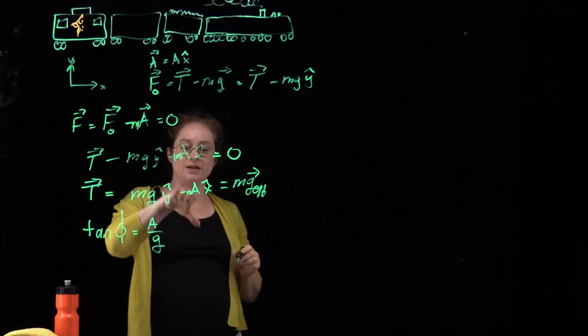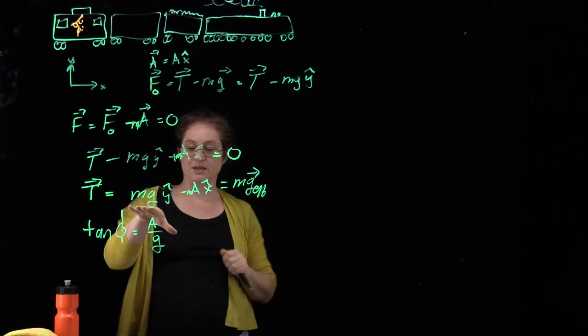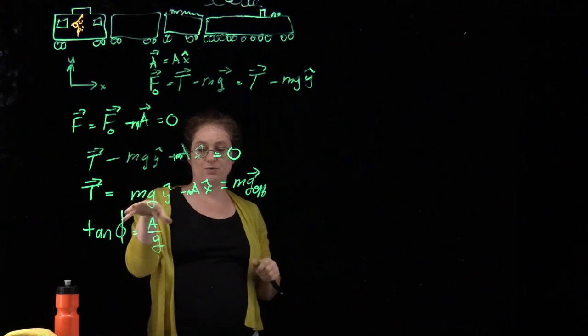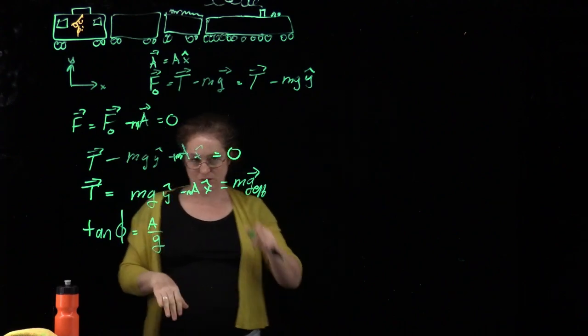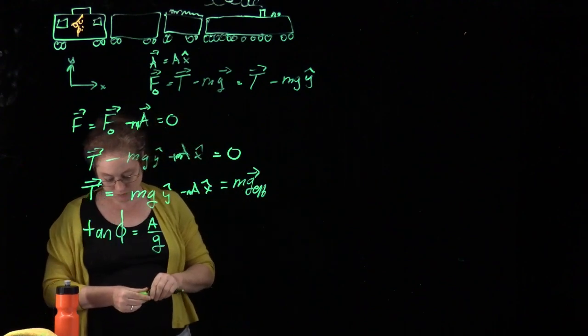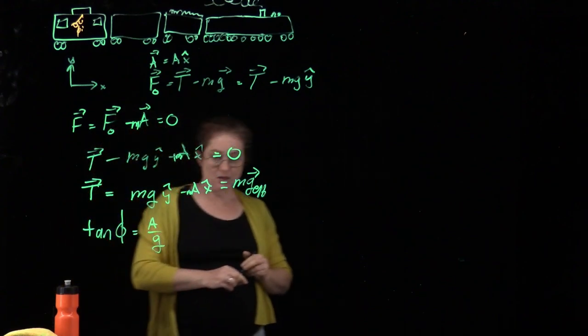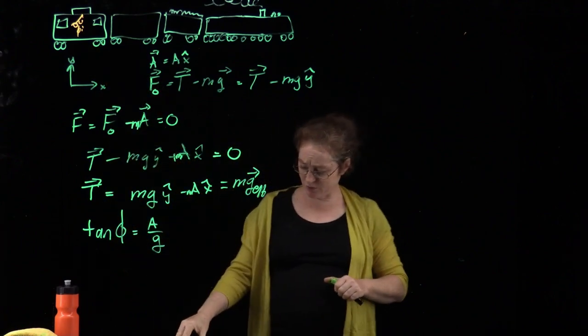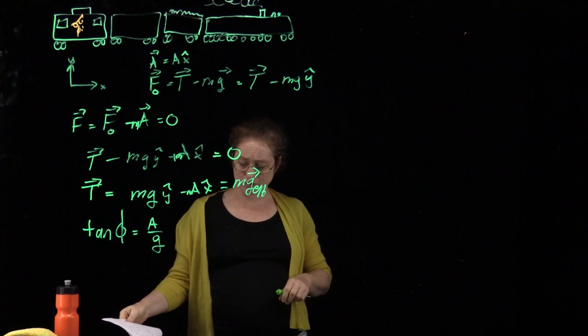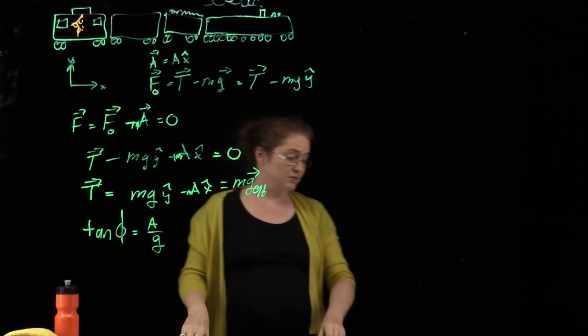The reason I know that is because my units work out incorrectly. And then if I want to write this as an mg effective, then my m's get factored out.